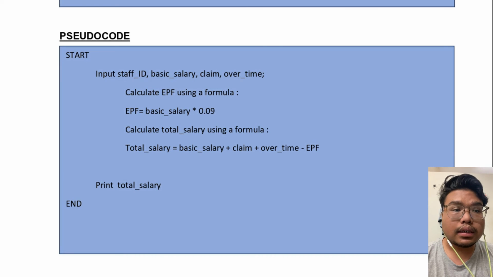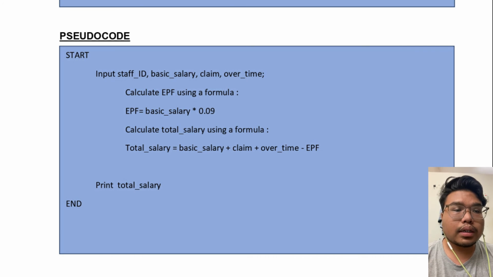The next step is pseudocode. Pseudocode is different from the algorithm, because the pseudocode has a start and an end. So start, input staff ID, basic salary, claim and overtime.